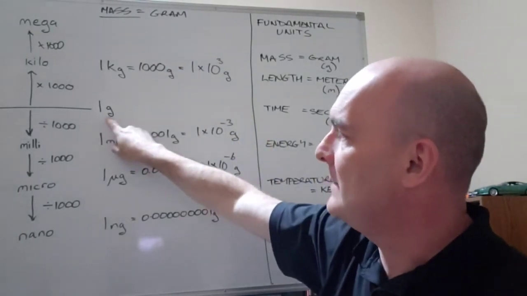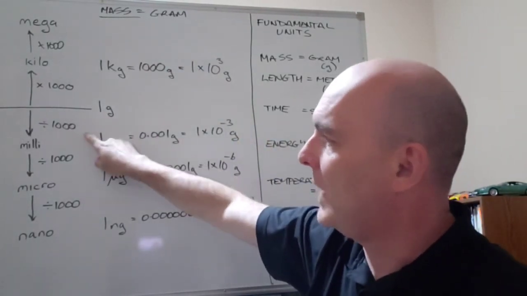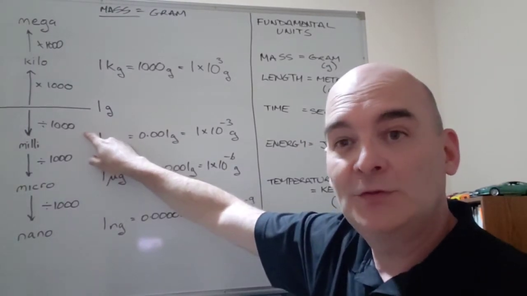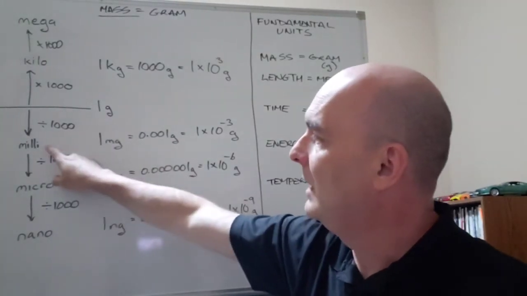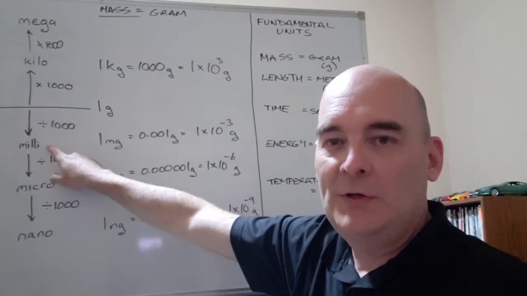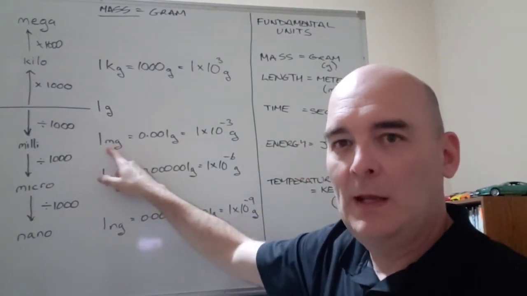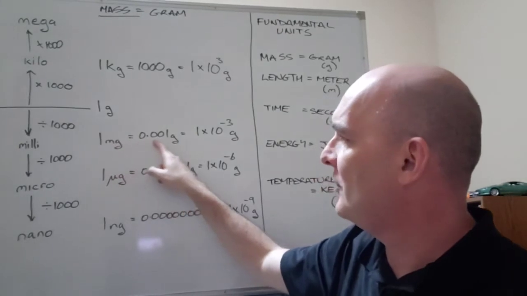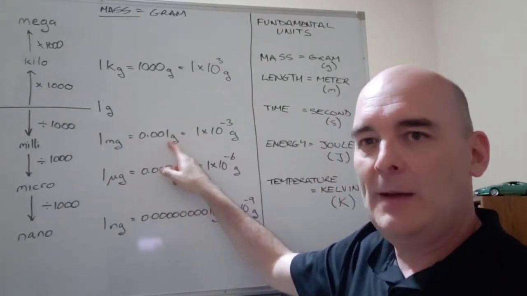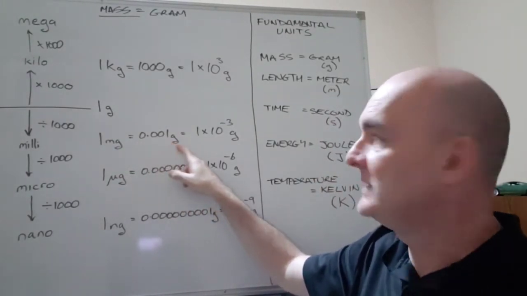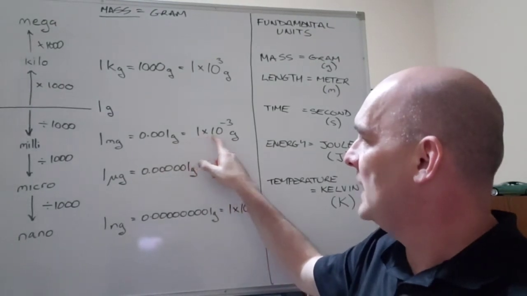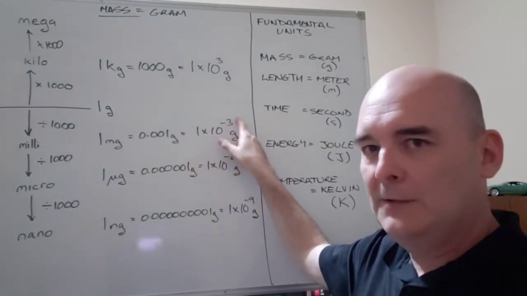If I take my gram and I divide it into 1,000 equal pieces, that prefix is now milli. I just made a milligram, and a milligram is a 1,000th of a gram. And the scientific notation is 1 times 10 to the negative 3.